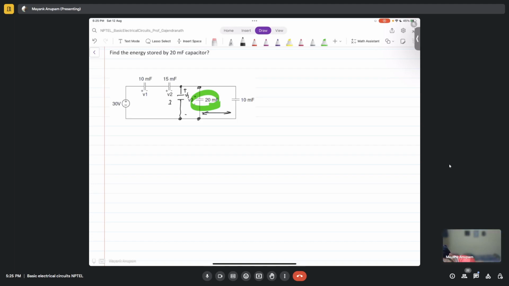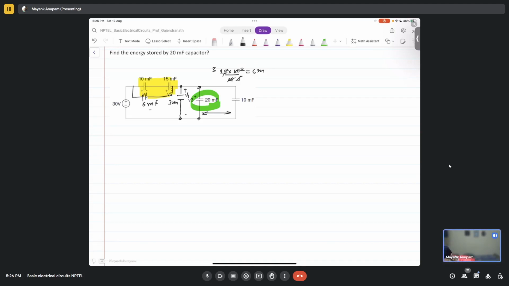And what is 15 and 10 in series? What will it look like? 3 millifarad. 5 3s are 15 and 6, 5 5s are 25. Total is 6 milli, right? So this can be replaced by a capacitance of 6 millifarad.